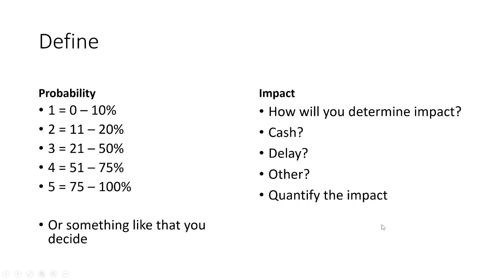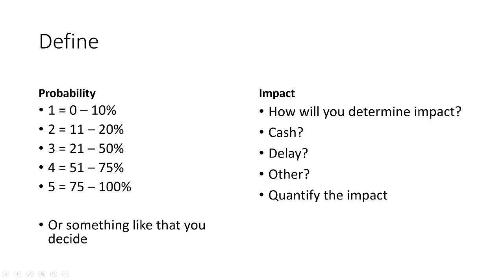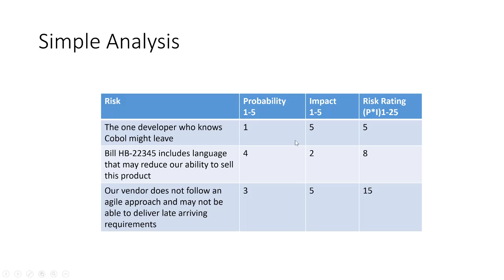How do you quantify that? You just need to quantify it some way. So then you would give associations to this, right? What's the cash value from this to this range? This to this range is a 1. This to this range is a 2. Or delay, same thing. Whatever you determine as your scaling here, you would use on this chart.